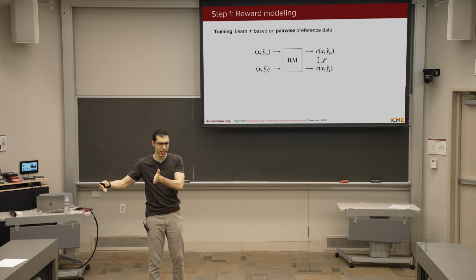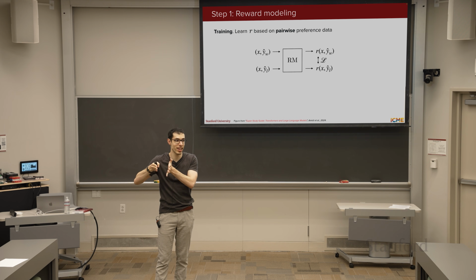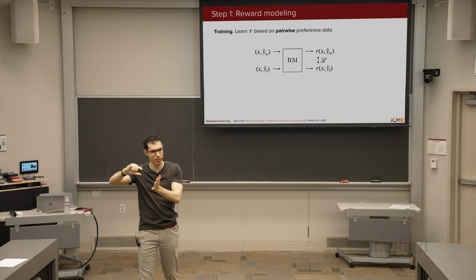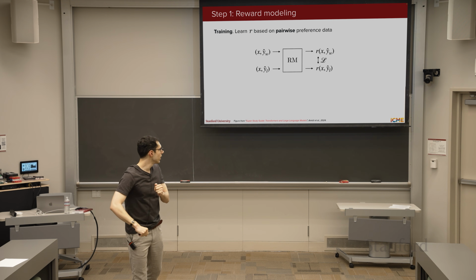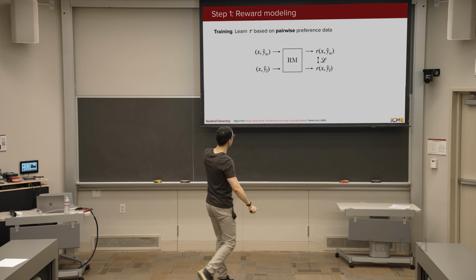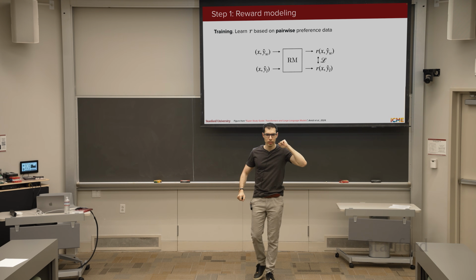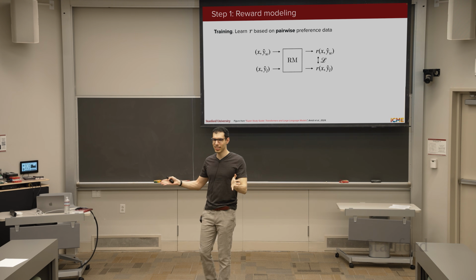Then you have a second output, x and y hat l, which is the losing output. You put it into the model, and it has a second score. And now you want to have a loss function that takes into account these two scores.